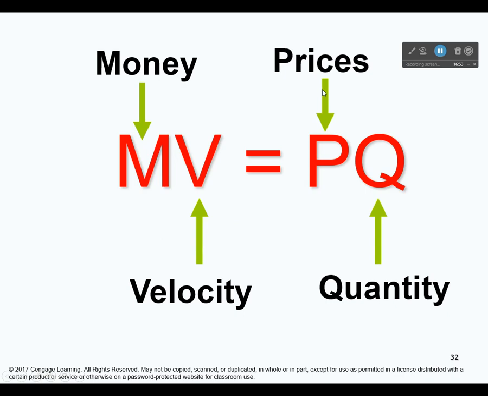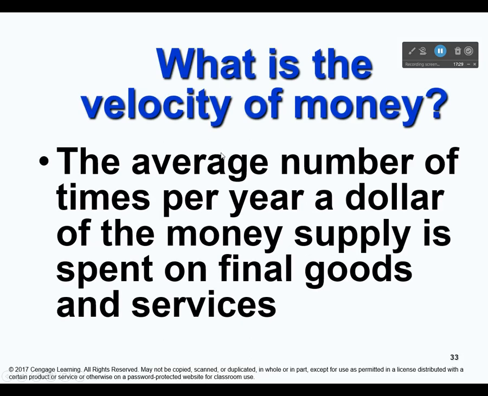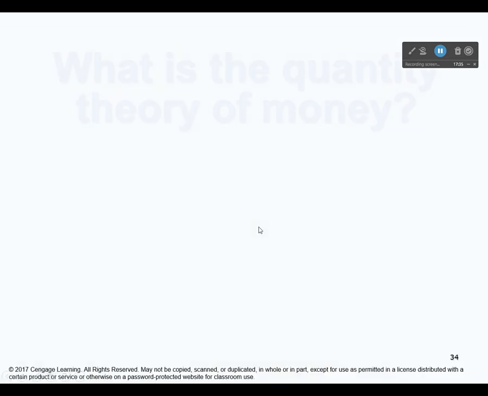The price of beef times the number of pounds of beef sold, plus the price of oranges times the number of oranges sold, plus the price of an airplane times the number of Boeing 737 airplanes that are sold, the price of a brand new Ford Mustang times the number of Ford Mustangs sold, plus all of the different little prices in the economy times the quantity of those things sold, and then you add up and sum them. And again, the velocity of money, we talked about, is the average number of times per year a dollar of the money supply is spent on final user goods and services.